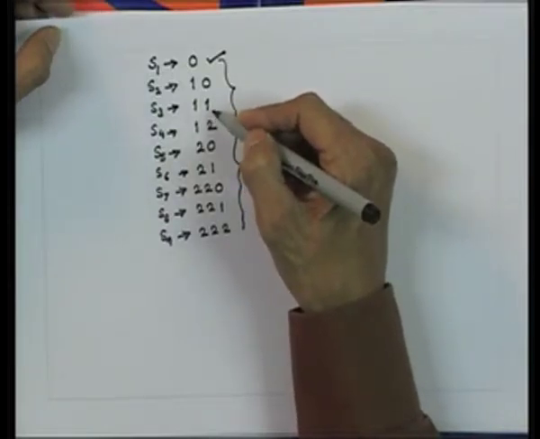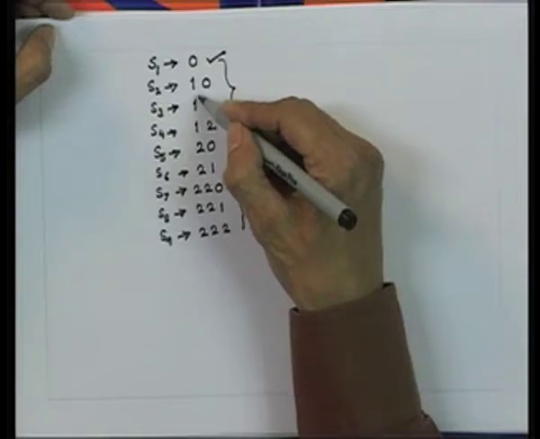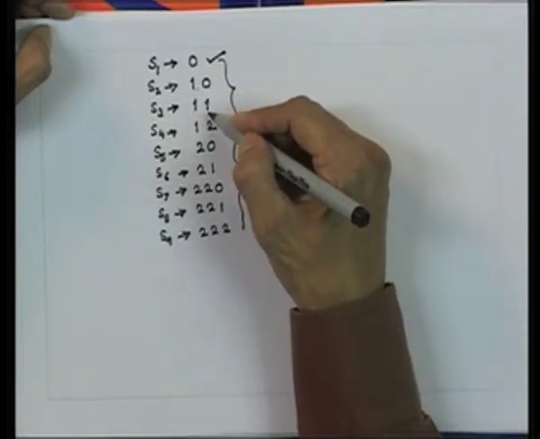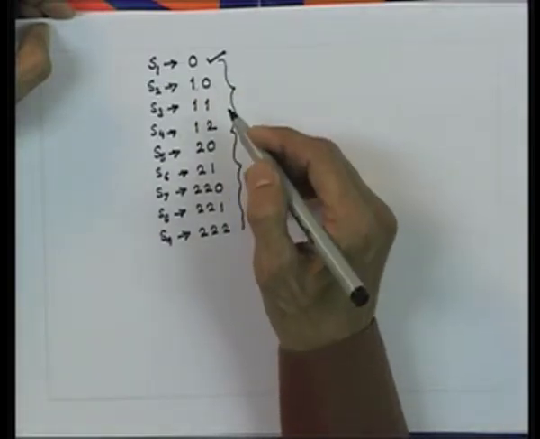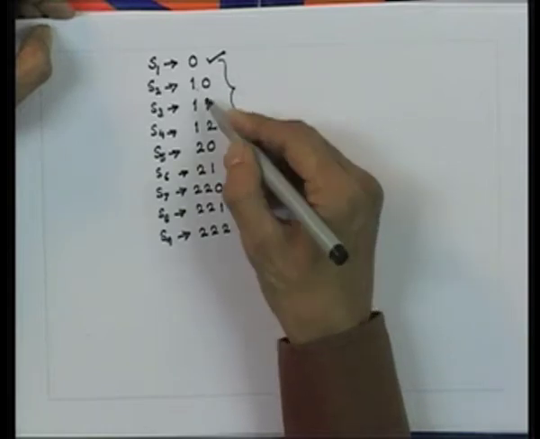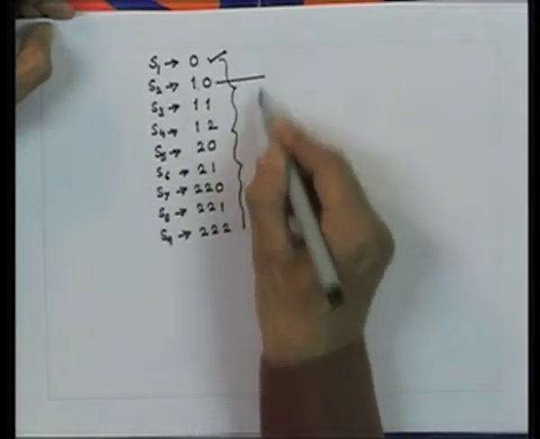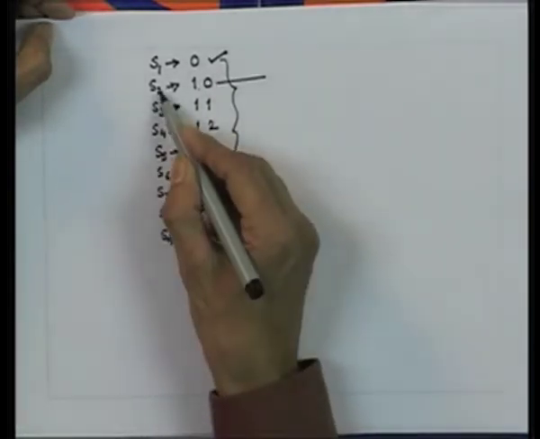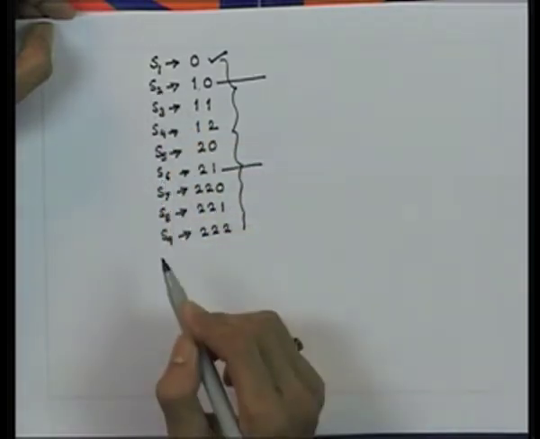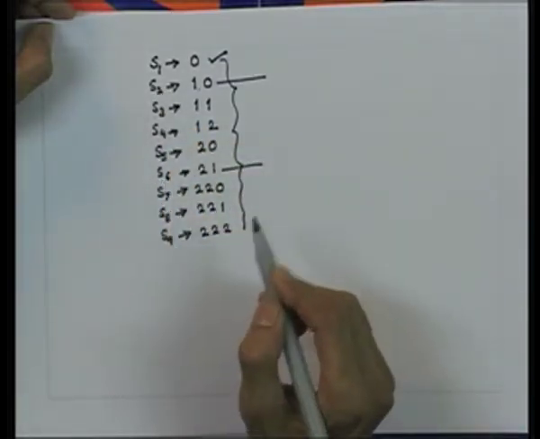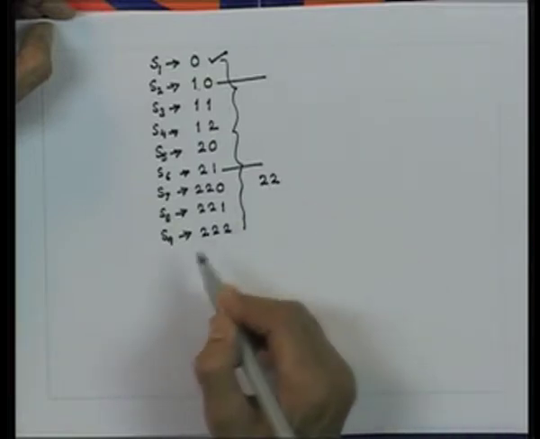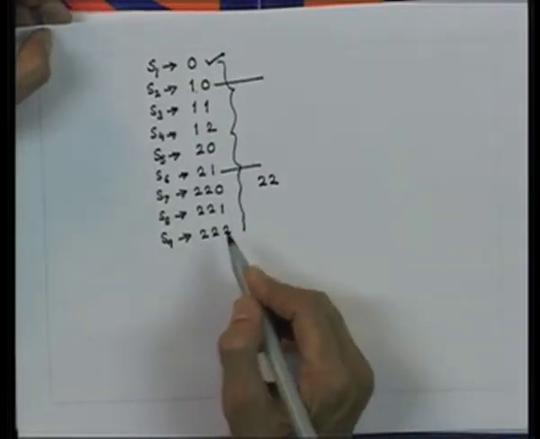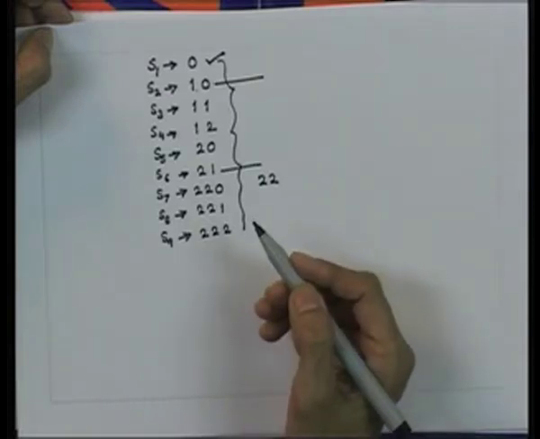Now, what it means is that we will have 2 times 3, that is 6 permissible code words of length 2. Out of this, we have used 5 for the source symbols S2 to S6. So, this leaves us with the unused prefix 22 for the remaining code words.